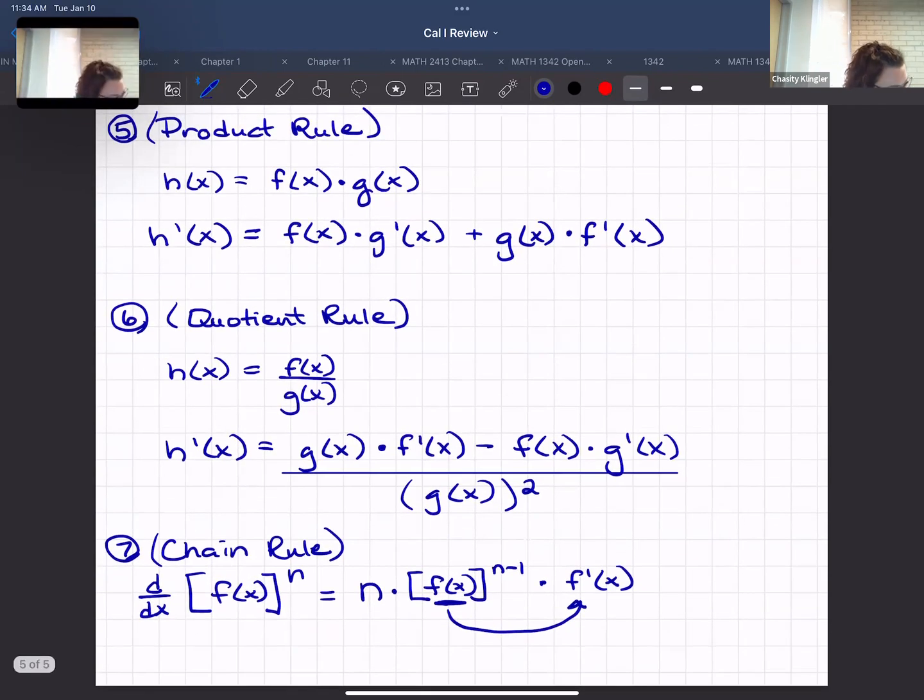I'm running out of room here, but just for example, say I had x squared plus 4x to the 5th.